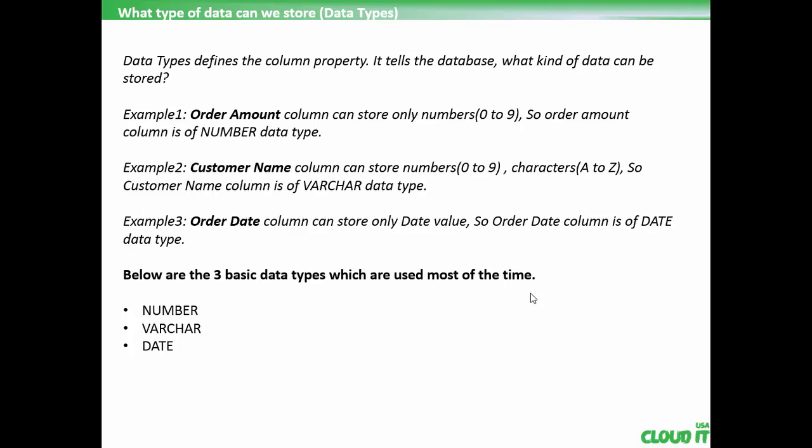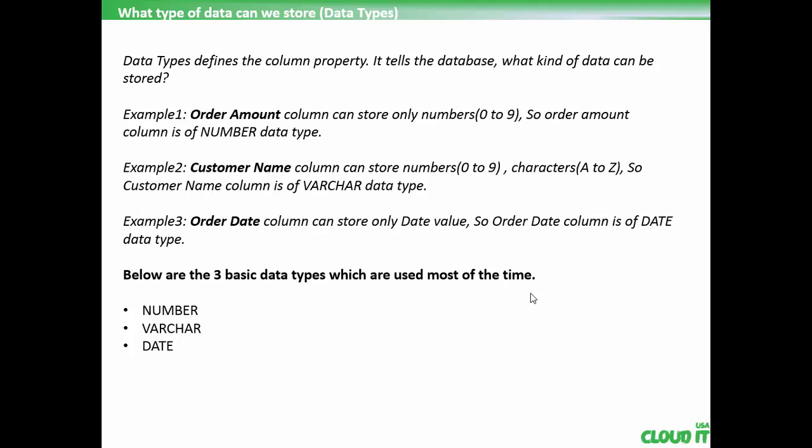What is meant by a data type? Data type defines a column property. It tells the database what kind of data can be stored.